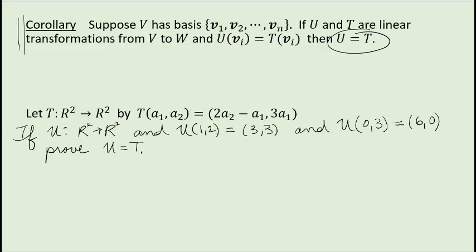So here's the last question. Let T map R2 to R2 by this map right here. If U maps R2 to R2, and U of (1, 2) equals (3, 3), and U of the ordered pair (0, 3) equals (6, 0), prove U is equal to T. Well, the first thing we would want to do is make sure that T was the same, so let's compute T of (1, 2), and you see T of (1, 2) is (3, 3).